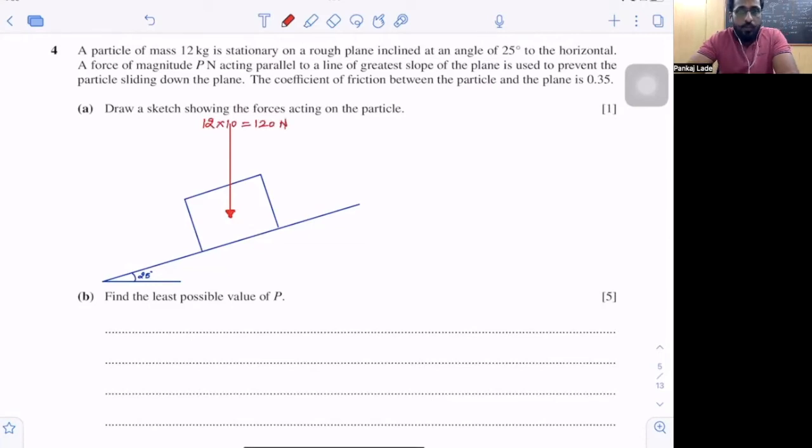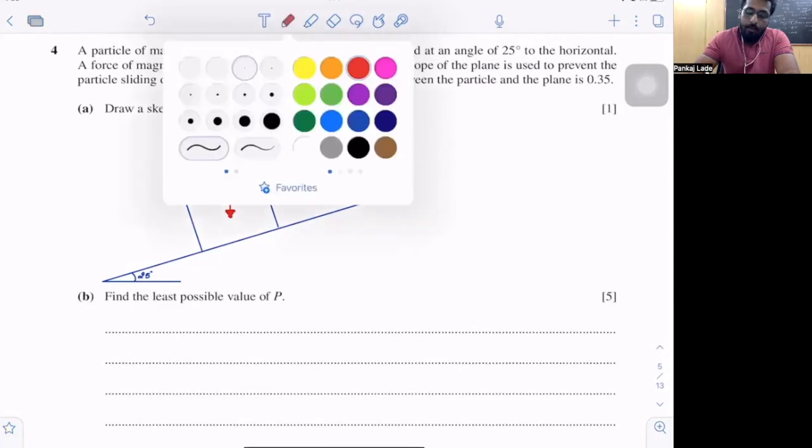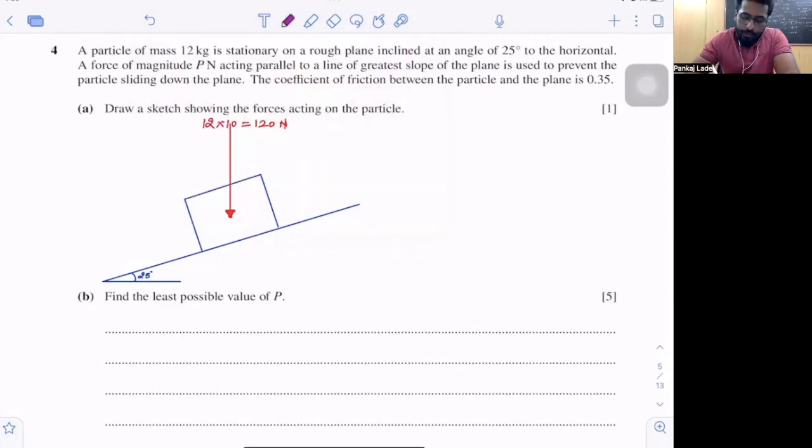That's the weight force. Okay, now you are going to apply a force P in such a way that it is just holding the block. It is not pulling the block up, it is just holding the block from going down. So the block is going in the downward direction. So I'll show something called an impending motion. This is not a force, this is the direction in which the block is going to move.